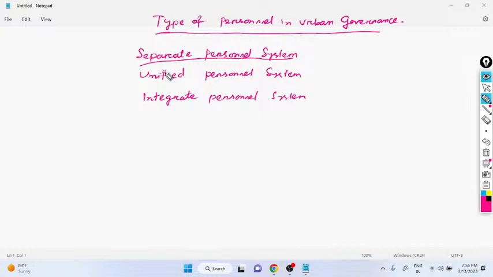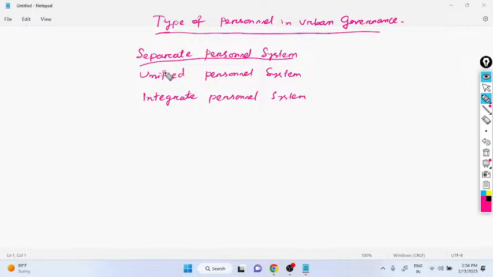They work for the municipalities, and their salaries and other terms and conditions are decided by the municipal authority. They are not transferable to other municipalities. They join there, and probably they will retire also from that municipality. So that is called the separate personnel system.